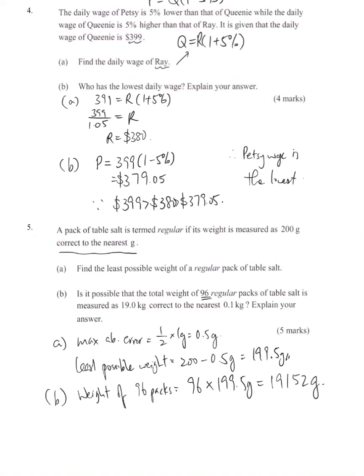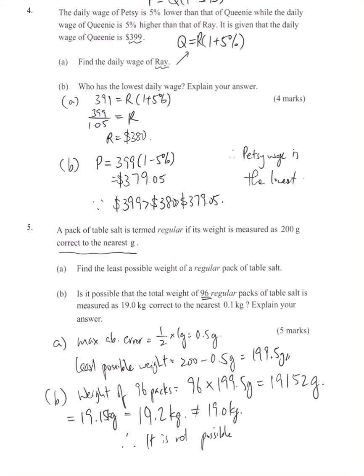But in order to convert it into kg, we divide it by 1,000, because 1 kilo means 1,000. So taking away 3 decimal places, we get 19.15 kg. Okay, and if we correct it to the nearest 0.1 kg, we need to write it down as 19.2 kg. Okay, so since 19.2 kg isn't equal to 19.0 kg, therefore it is not possible.